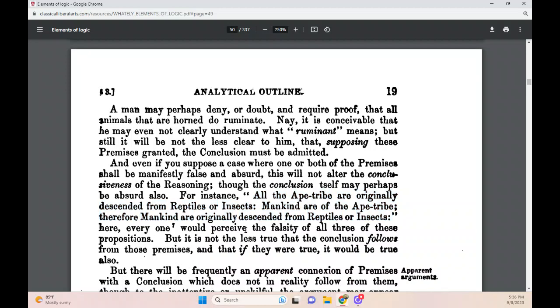Everyone would perceive, for this argument, the falsity of all three of the propositions, but it is not the less true that the conclusion follows from those premises, and if they were true, the conclusion would be true also.